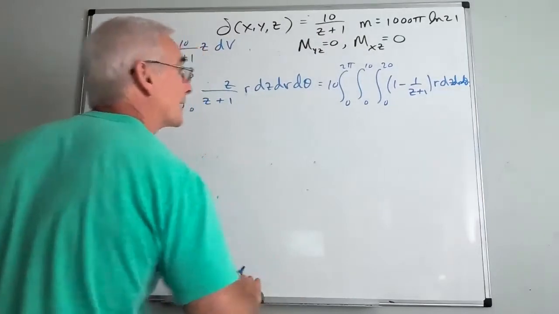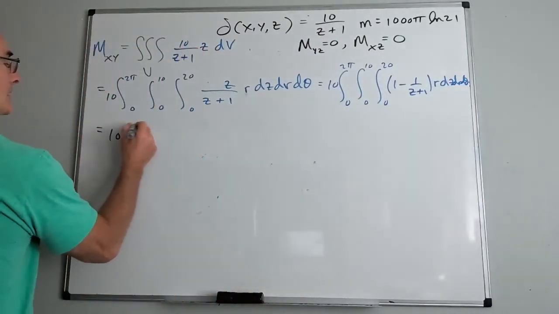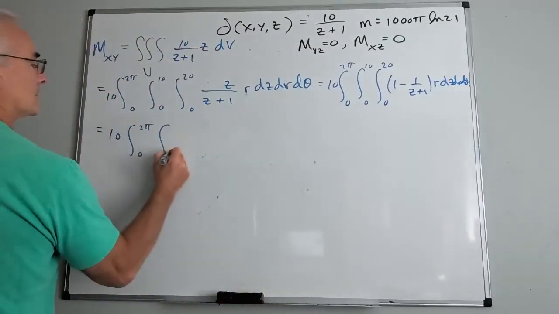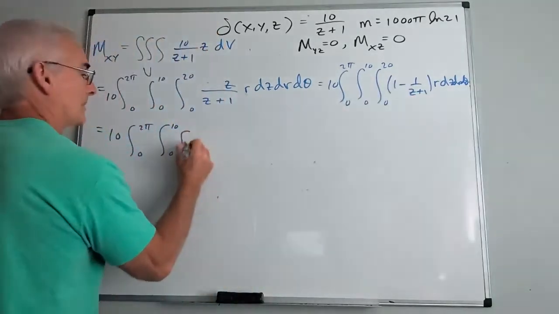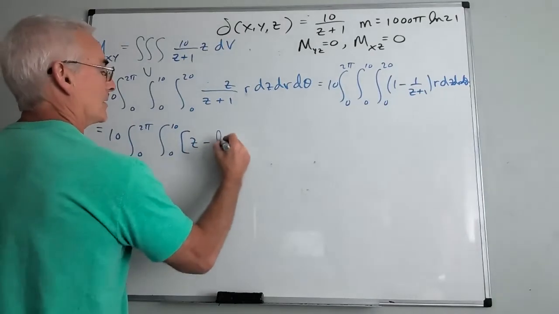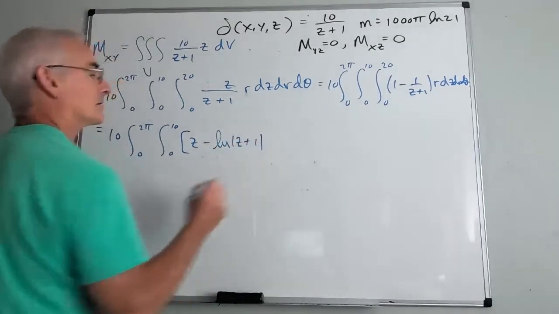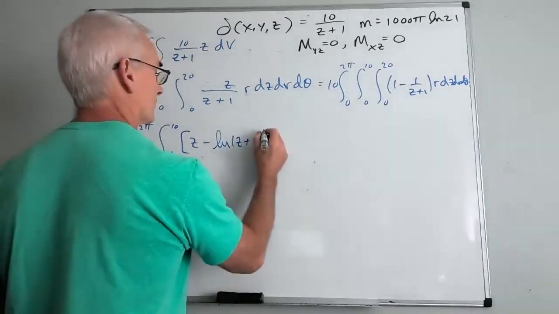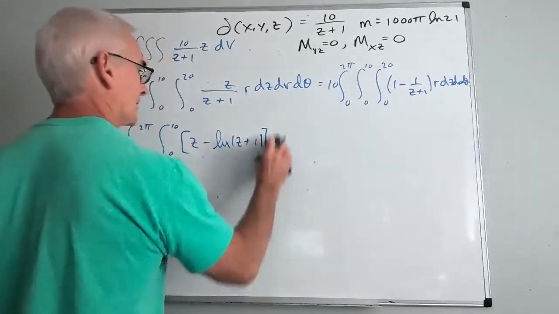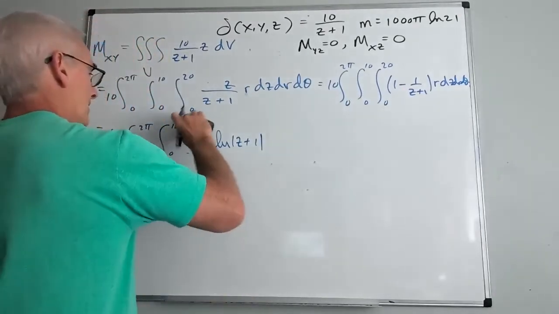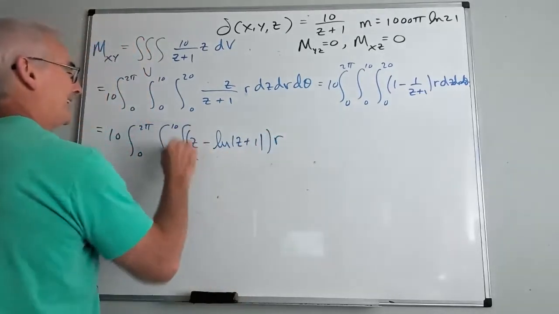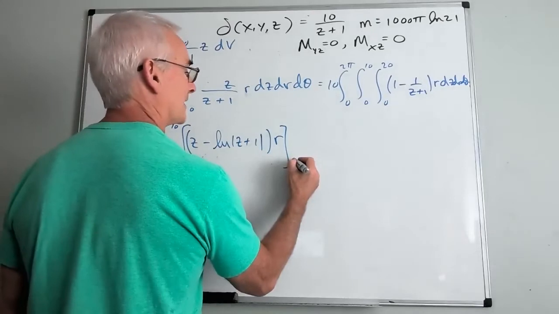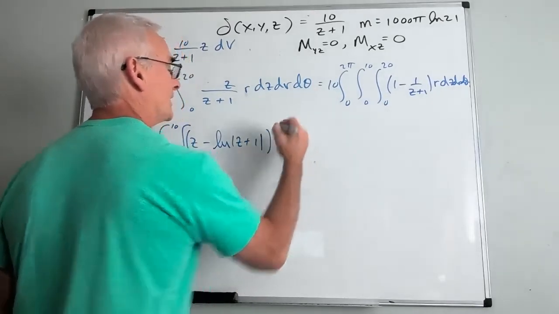So now when I integrate that bad boy, I'm going to get 10. Okay, the integral of this z minus the log z plus 1. Actually, let me use parentheses, sorry, because I still have the r. Now I'll bracket it off. And I'm going from 0 to 20.